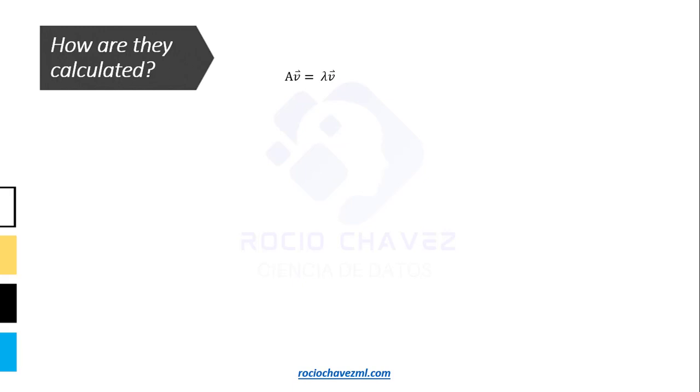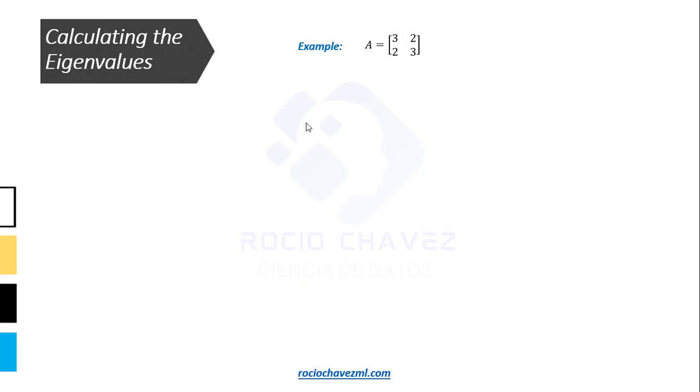We start with the original equation. Move the lambda times eigenvectors to the left side of the equation. Factorize them and set the difference between the original matrix and lambda times the identity matrix equal to 0. To make the explanation clearer, I will use this small matrix, which is also symmetric.